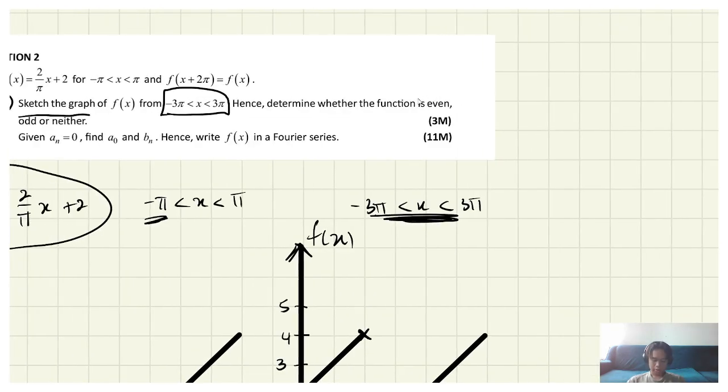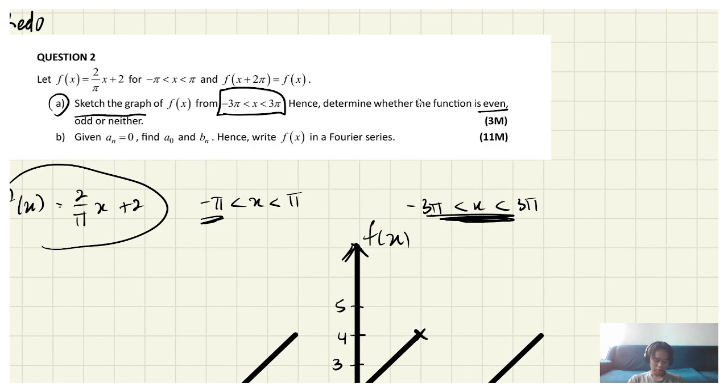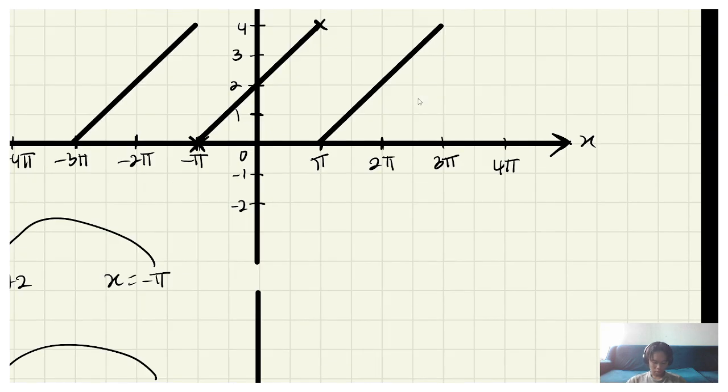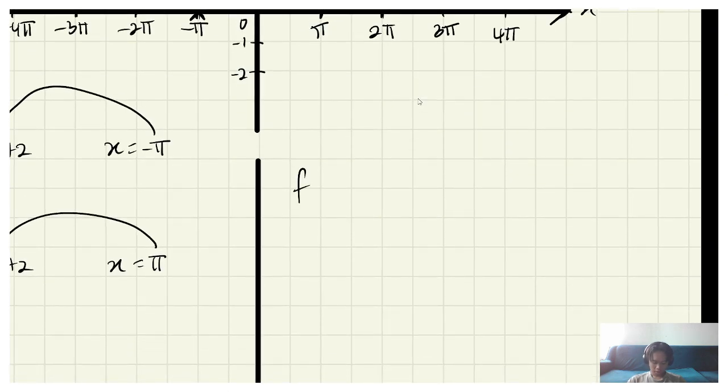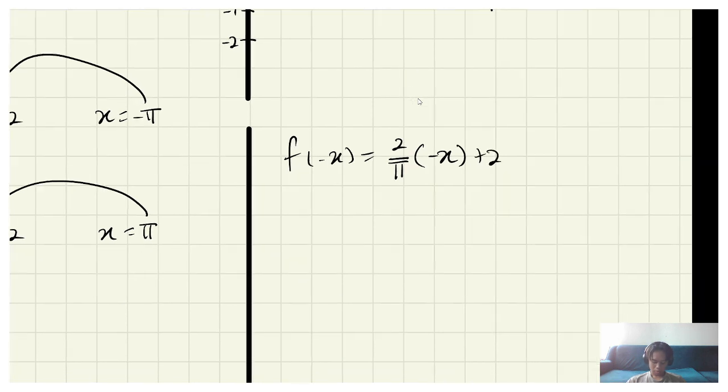Next, determine whether the function is even, odd, or neither. I will do this with f(-x) equal to 2 over pi times (-x) plus 2.